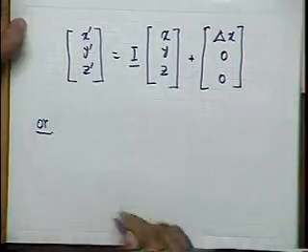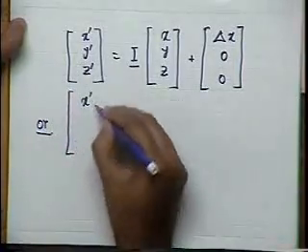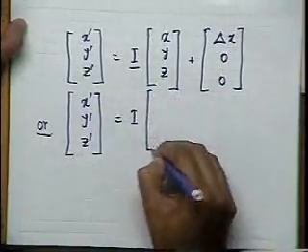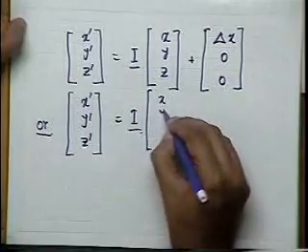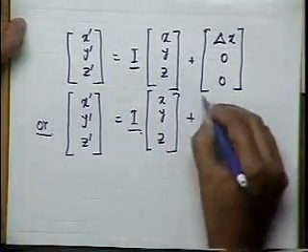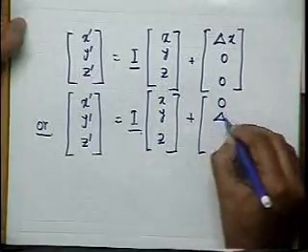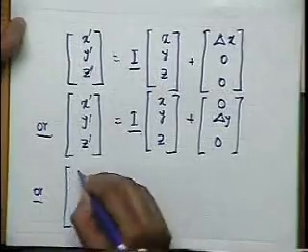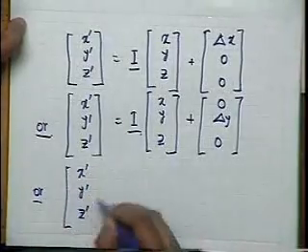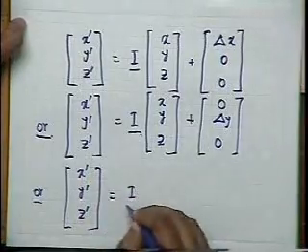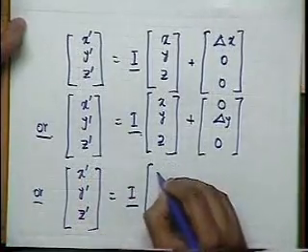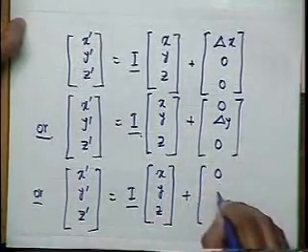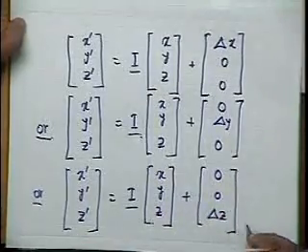or I consider the camera arrangement such that x prime, y prime, z prime is equal to the identity matrix product x, y, z plus 0, delta y, 0, or I consider x prime, y prime, z prime equals I product with x, y, z plus 0, 0, delta z.